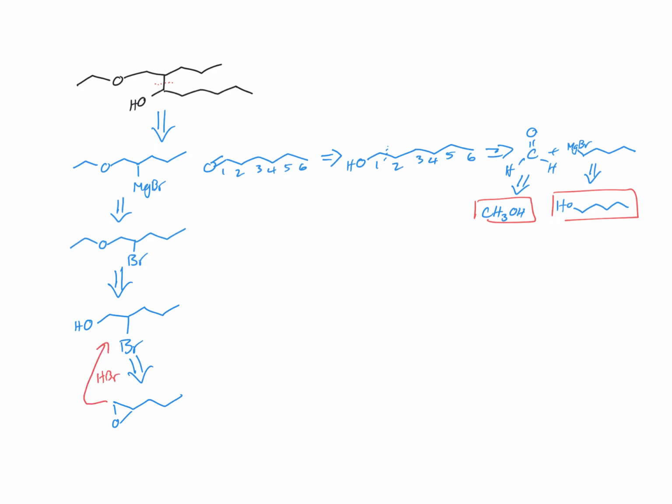Remember that under acidic conditions, the epoxide is protonated, and then we would attack either the tertiary position, if available, because that would have the largest partial positive charge on it, or if there is no tertiary position, as in this case, the bromine would still attack the most available site. And so I don't think that I'm going to be able to make this bromo alcohol this way.